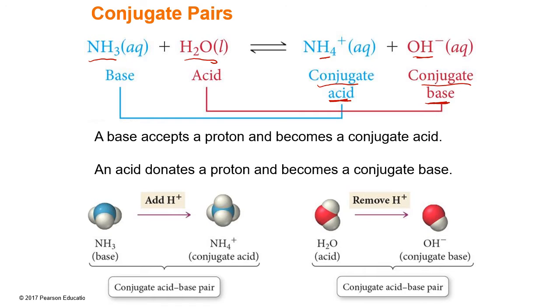And again, the only difference is one hydrogen between our conjugate acid and our conjugate base pairs. We do refer to these as pairs, so that's why the lines are drawn linking the two substances.